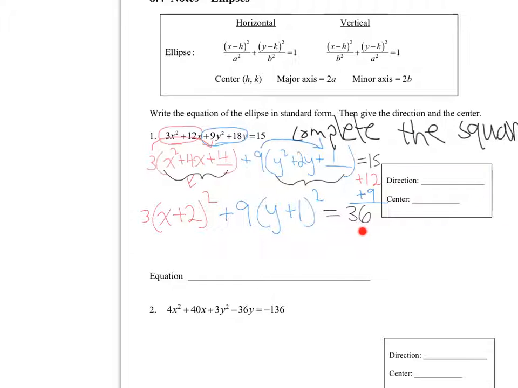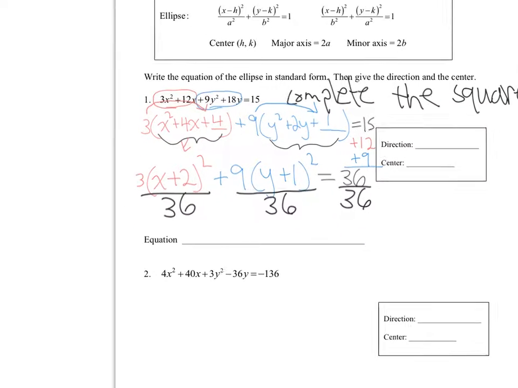How do I make this 36 into a 1? I could divide by 36. Anything divided by itself is just 1. So that means this is going to work out. But I'm going to have to do that to everything else. I'm going to have to divide every other term also by 36. So what does our final equation get to?